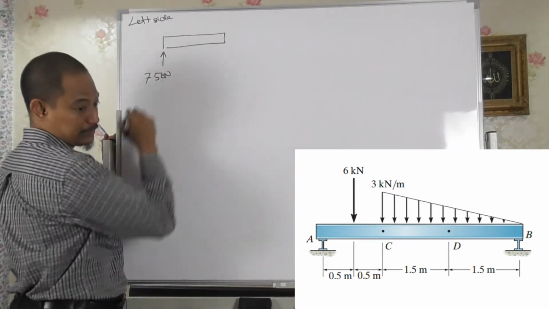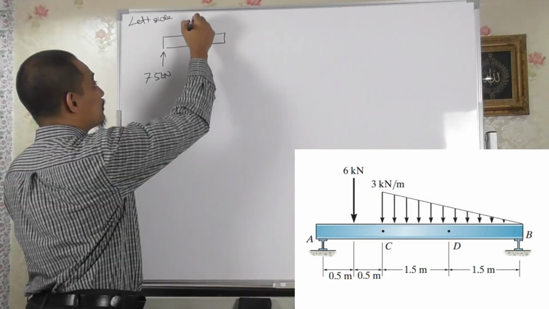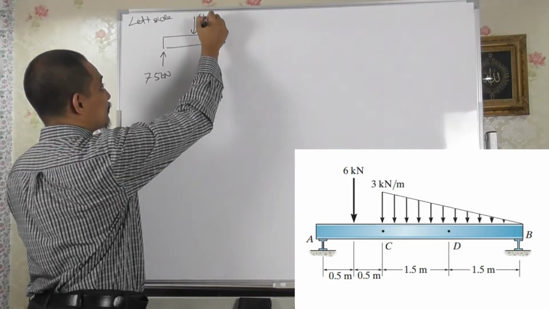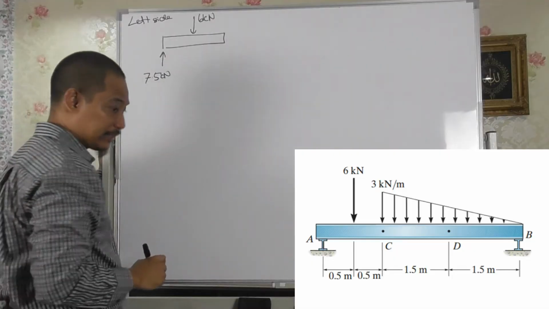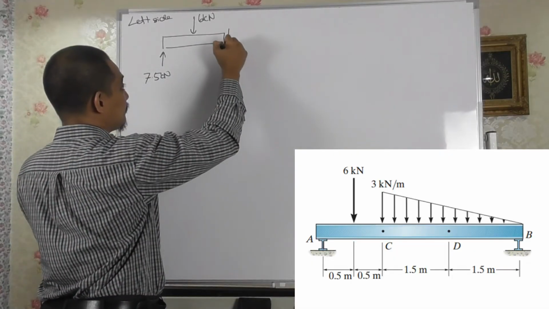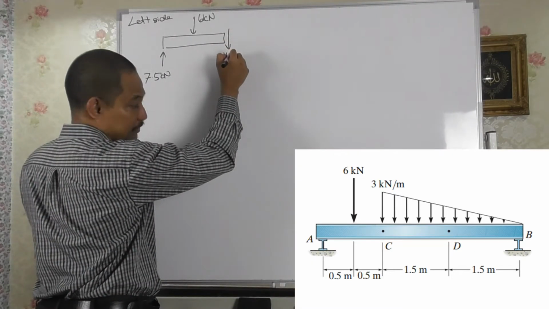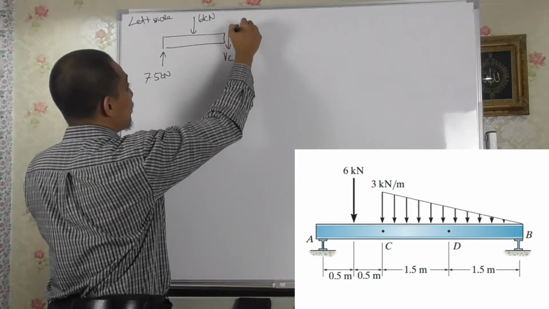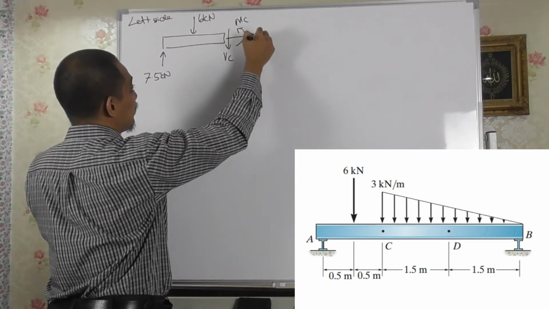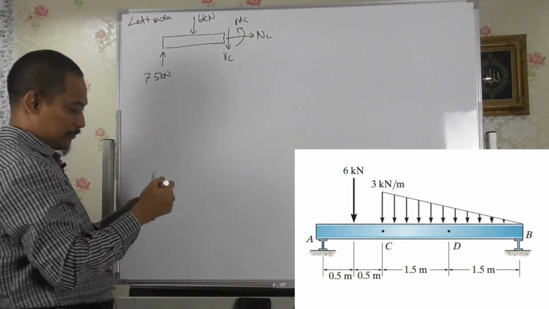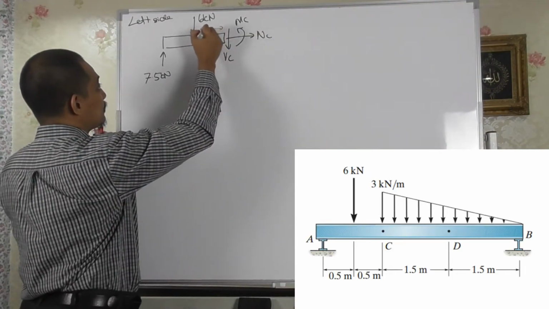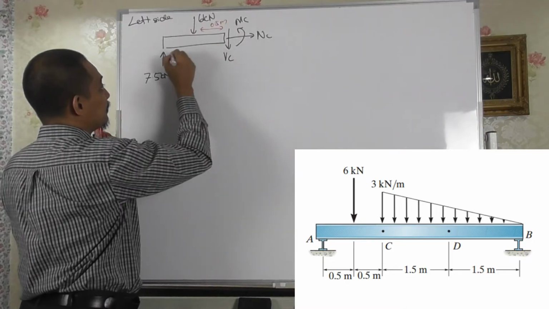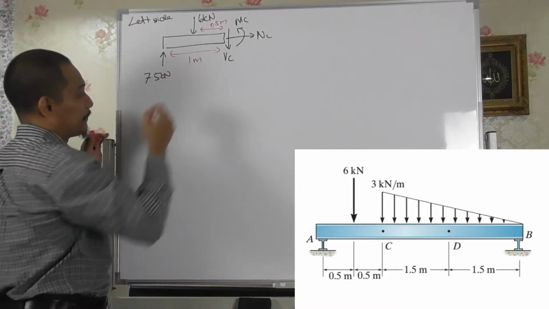And then we have downwards at the middle 6 kilonewton, and then nothing else, and then you have VC, NC, and MC at point C. So in terms of the distance, this is 0.5 meter, this is 1 meter.